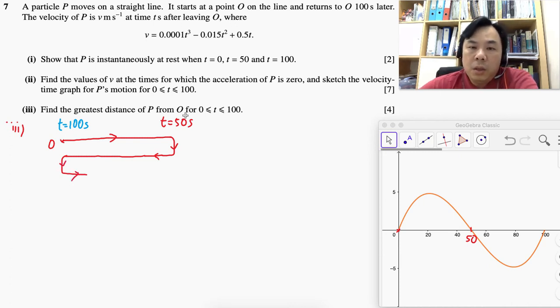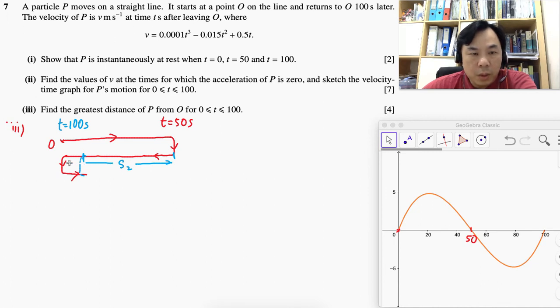Now, the only thing that I'm not very sure of is whether it has returned back to its original position before it changed direction, or it could have changed direction somewhere here, for instance, just before.